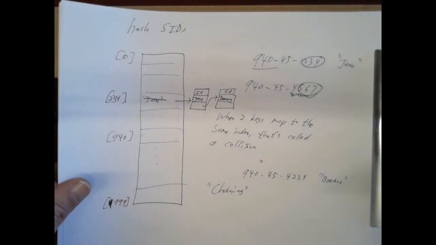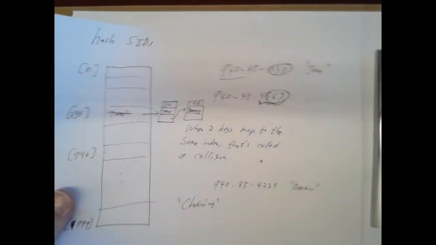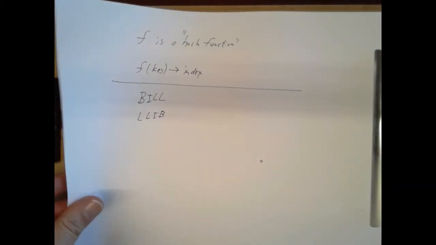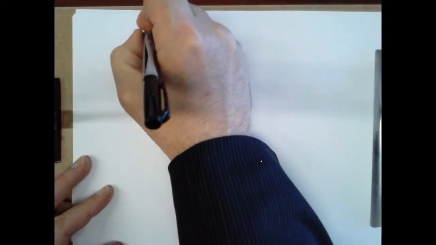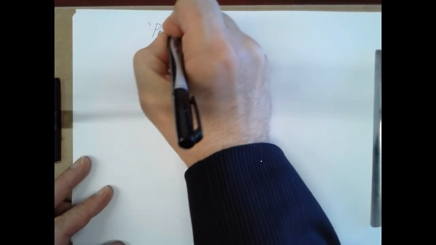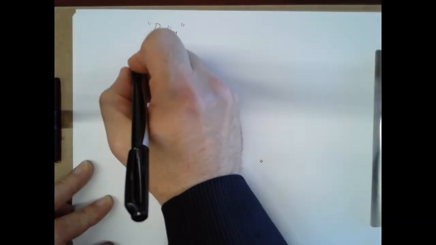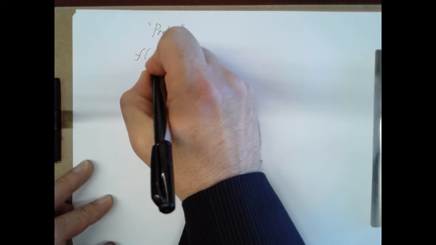All right, let me show you a different way to deal with collisions. And this is an approach called probing. So we take our hash function. It takes a key in and it gives us back an index into our array.